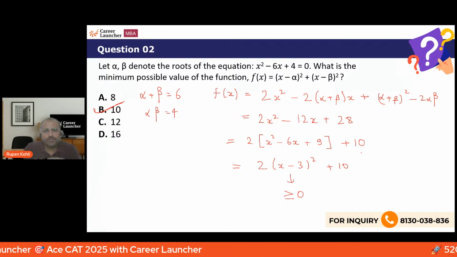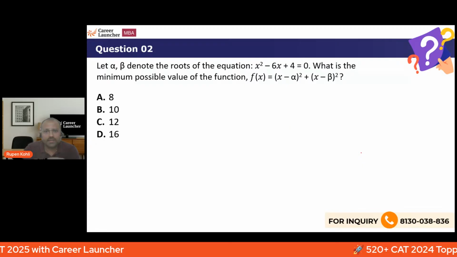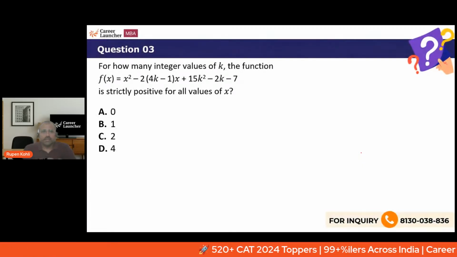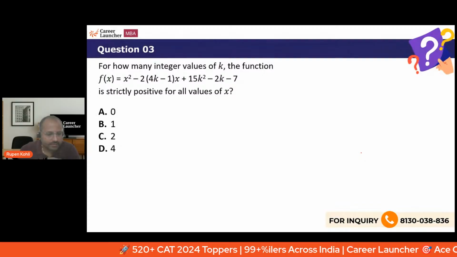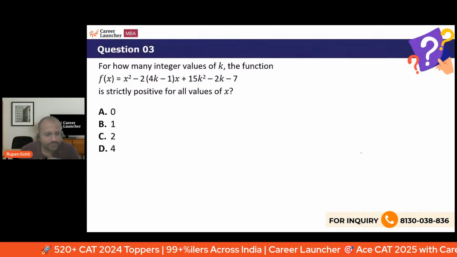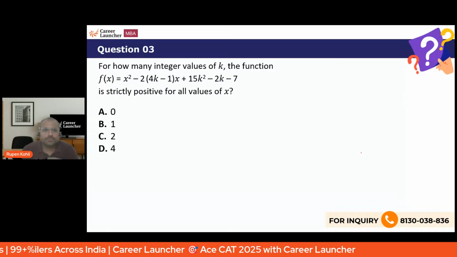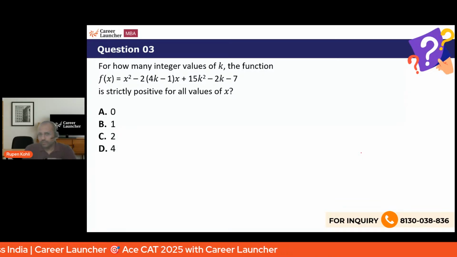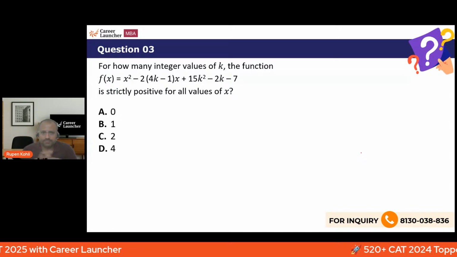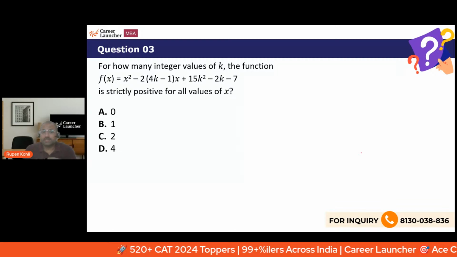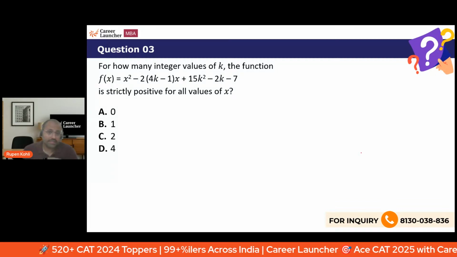Okay, I'll give you the next problem and I'll give you some time to think on it. I'll just read the problem for you. For how many integer values of k is the function f(x) equals this, a quadratic function with k as a variable, strictly positive for all values of x?